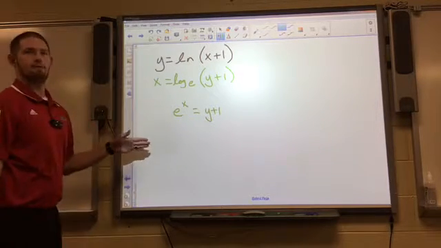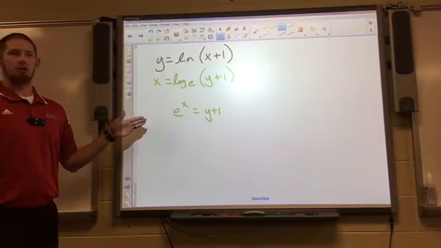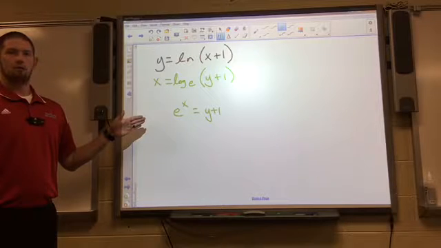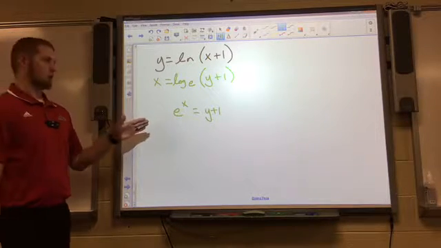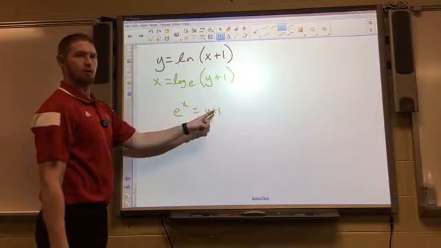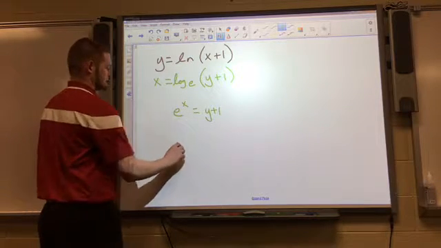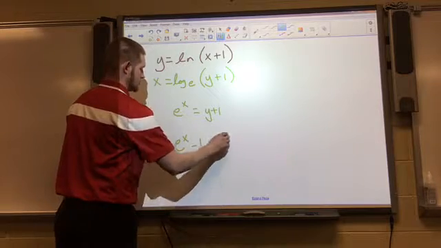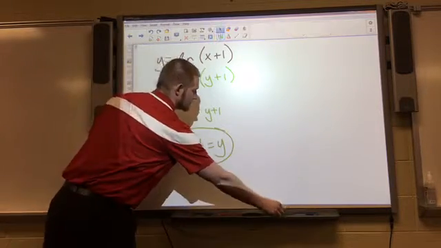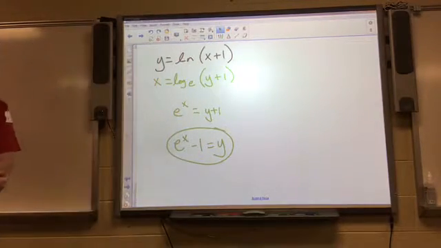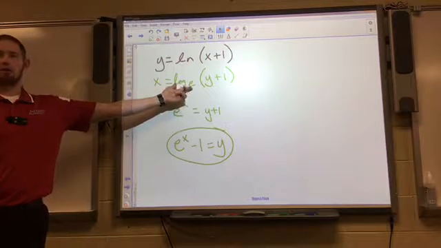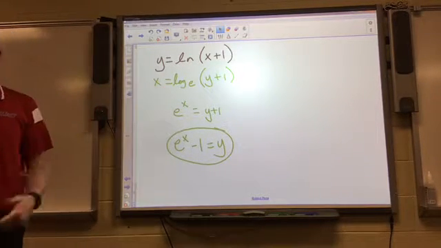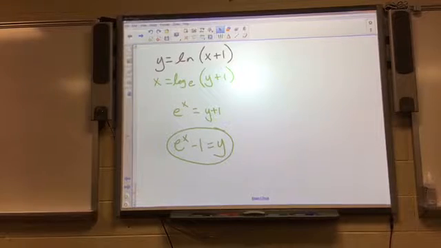Now, when I'm finding an inverse, I need to make sure to solve it for what? I got to solve it for y. So now I need to do what? Subtract your 1. So you actually have e to the x minus 1 equals y. Again, if you don't want to change that to log base e, you don't have to. I personally like to. It's just personal preference there. Just make sure you understand that ln is log base e.